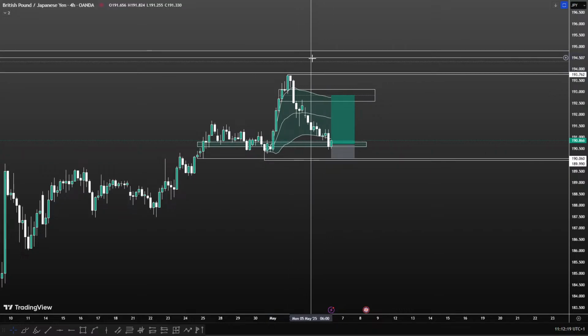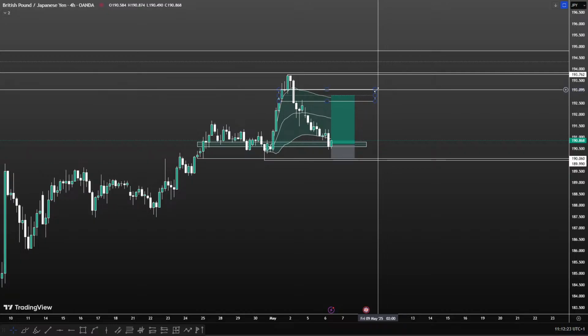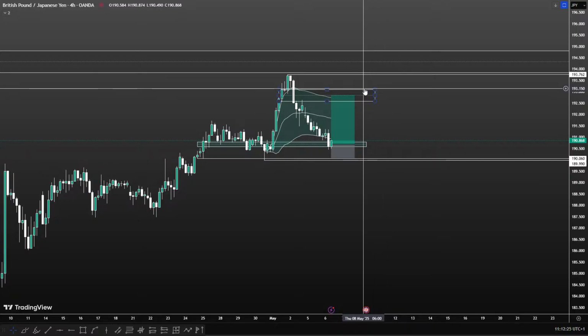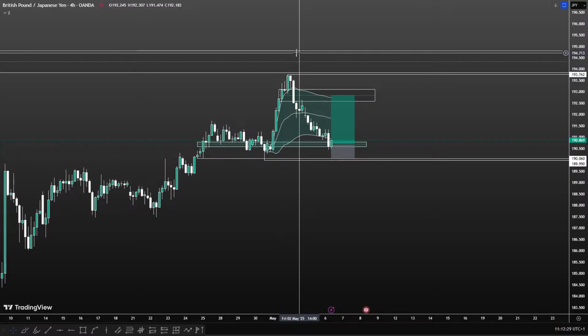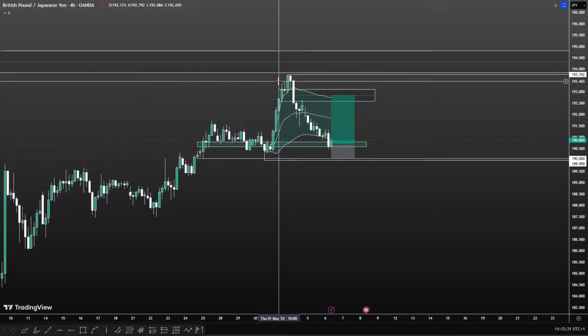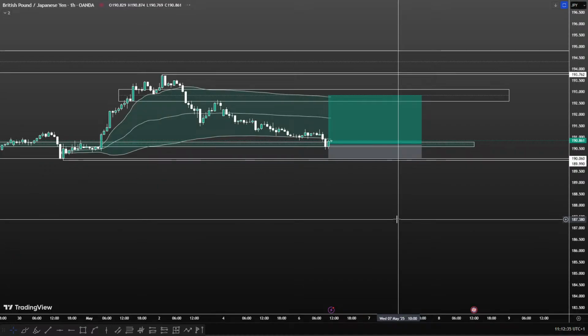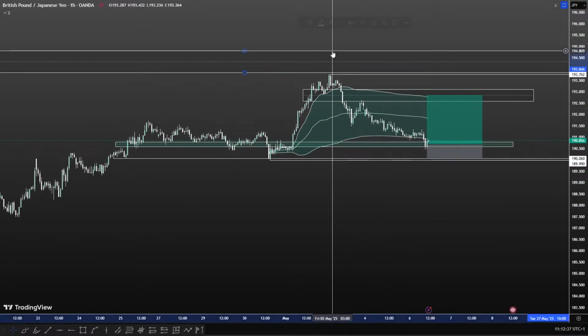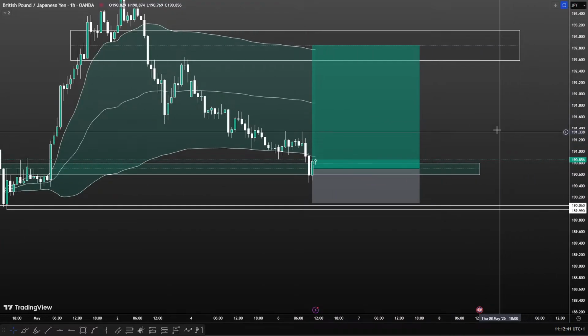The market is going to be pulled in this direction for the fill of the imbalance to resume equilibrium. Furthermore, we have the previous week's highs up here, which means stop losses from the previous week's sellers are resting above this zone too. Multiple factors of confluence, so I wanted to keep that higher time frame context in mind.